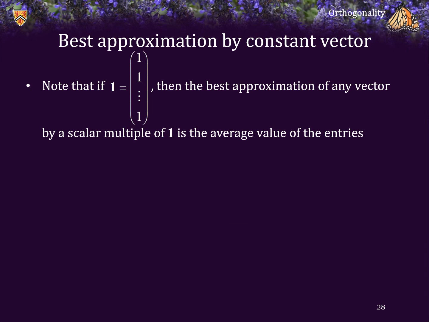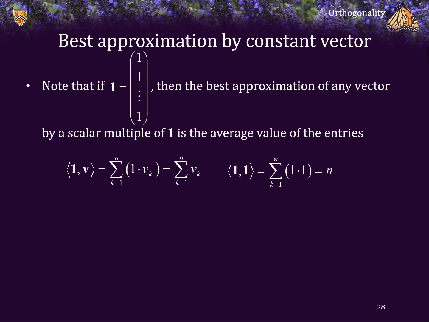Now, if we denote the one vector by a bold 1, that is the vector in R^n or C^n of all 1s, then the best approximation of any vector as a scalar multiple of this one vector is the average value of the entries. Now, we can see this as follows. The inner product of the one vector and any other vector is just the sum of the entries of the other vector.